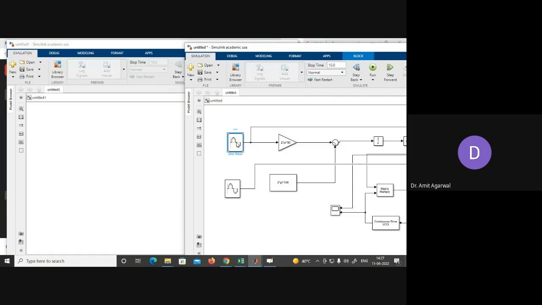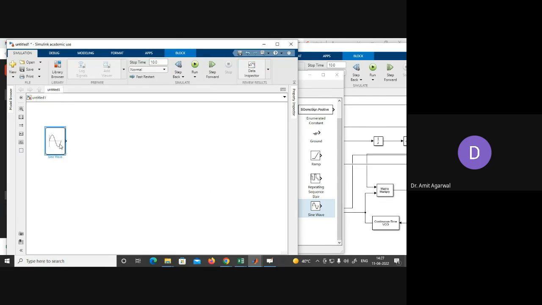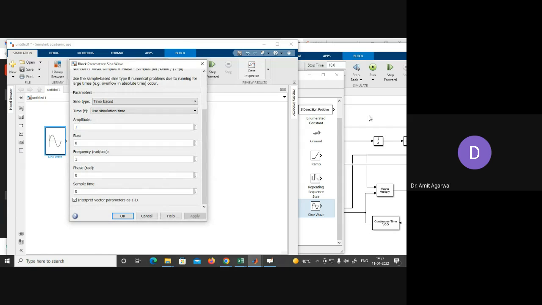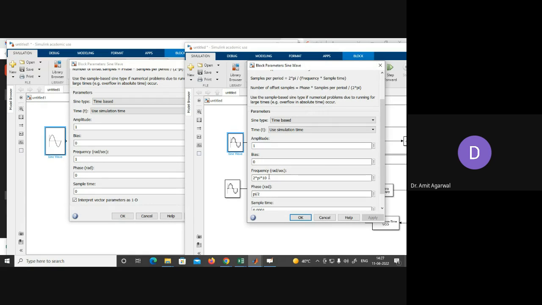So you know this, right? Sine. So just take a sine wave. Go to source, take sine wave. This is your input signal.